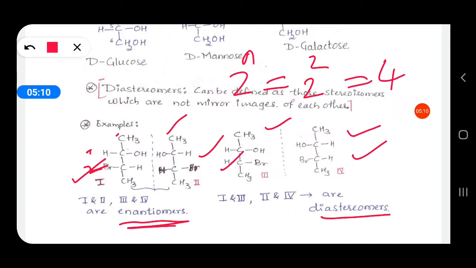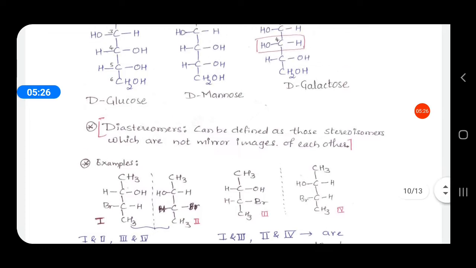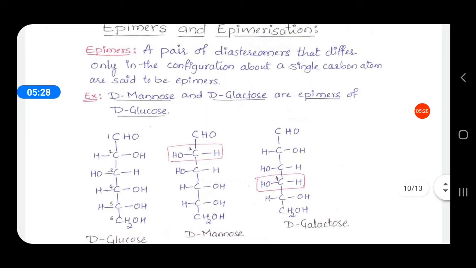We can take the example of 2 and 3 also. Structure 2 and structure 3 are both isomers, but they are not mirror images, so these two are also diastereomers. These types of diastereomers which differ only in the configuration about a single carbon atom are said to be epimers.